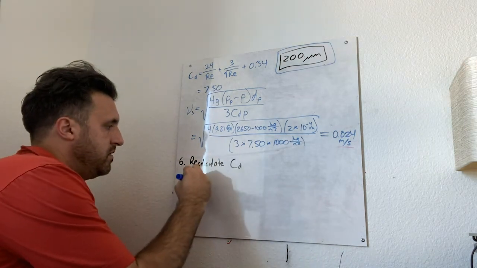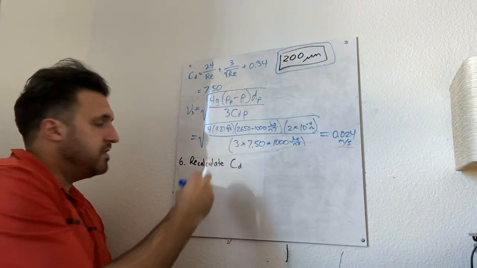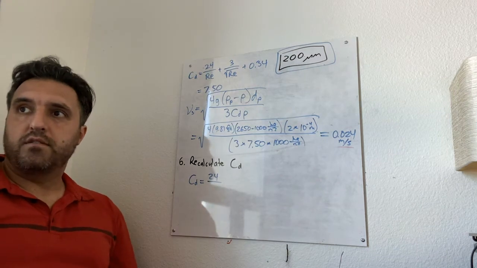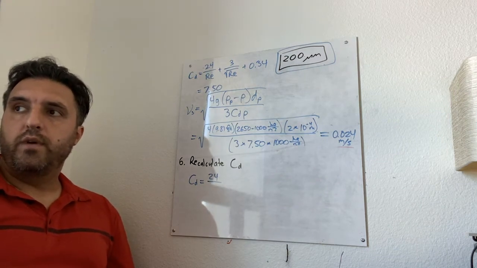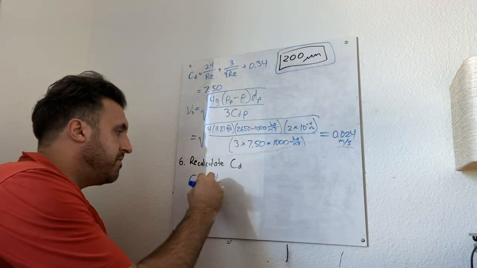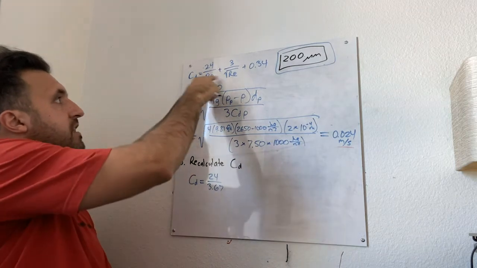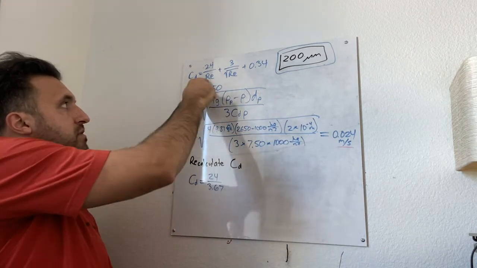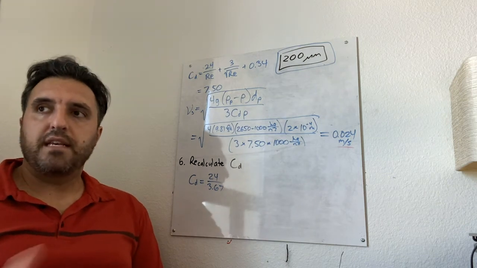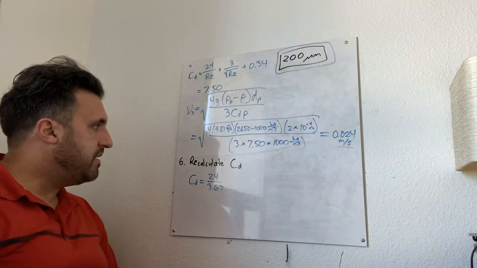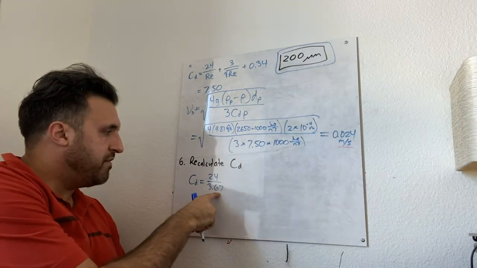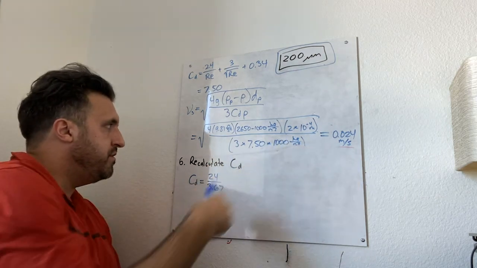Alright, so C sub D again is equal to 24 divided by our new Reynolds number, which, if we were to calculate it, should come out to 3.67. So we're going to recalculate the Reynolds number because we need to use that in the drag coefficient equation. But again, the Reynolds number is calculated based on the settling velocity. Alright, so I skipped that step here, but you should get a value of 3.67 using this new estimate for settling velocity.